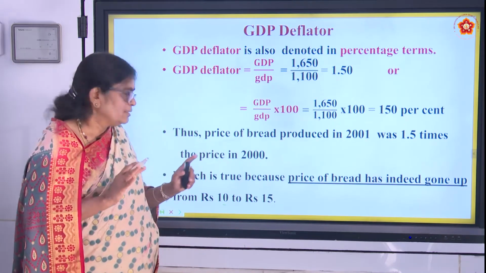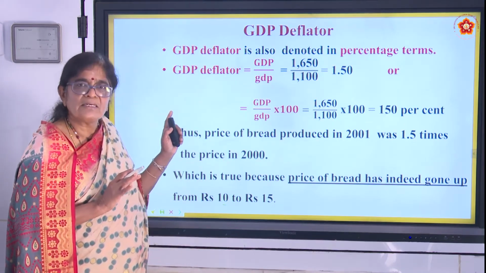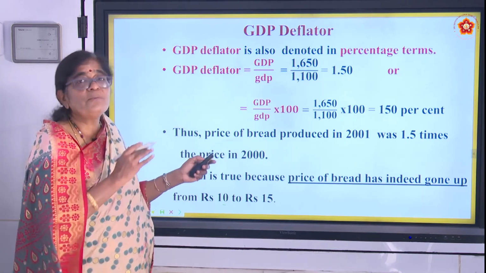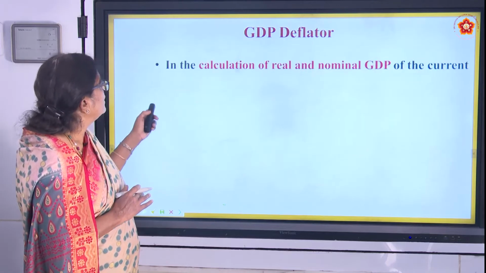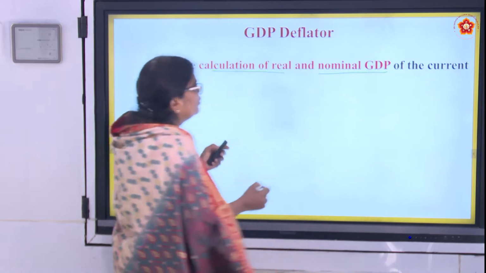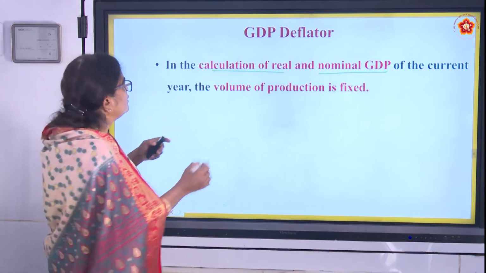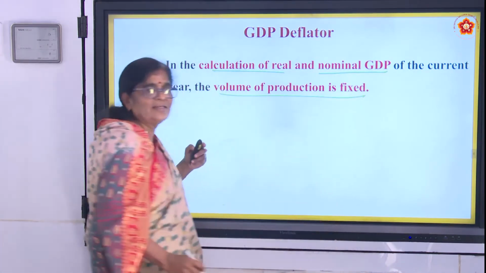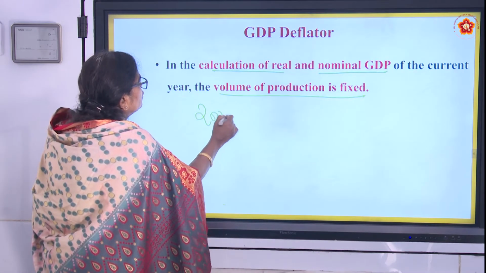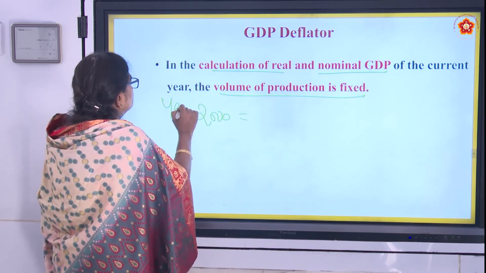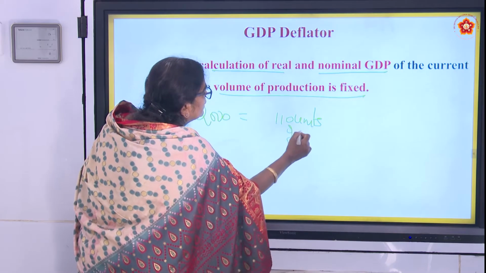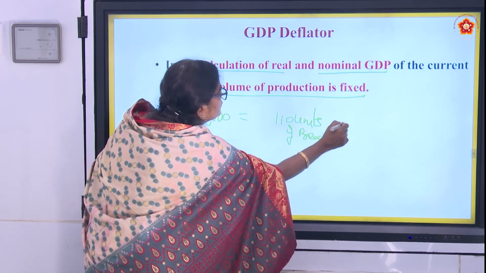It doesn't just give us the change in prices, it keeps the volume fixed. In the calculation of real and nominal GDP of the current year, the volume of production is fixed. We calculated for 2001, and for 2000 also, we used 110 units of bread. 110 units of bread, price was 10.